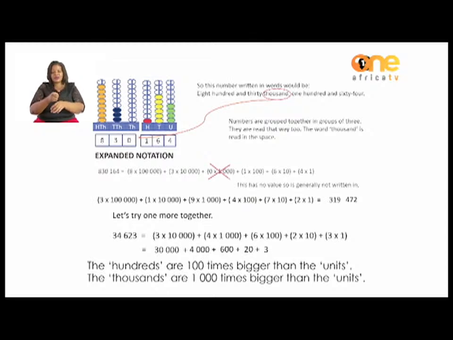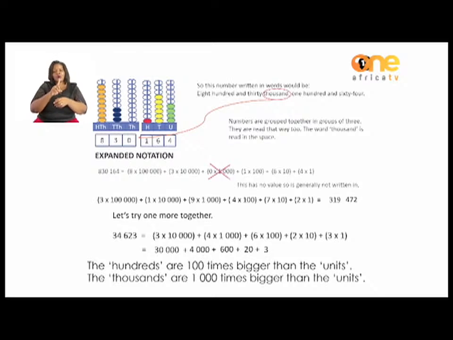Now our third terminology is expanded notation, and if you have to write that number in expanded notation, you take a digit, for example 8 in the place of 100,000, and you multiply it by 100,000.